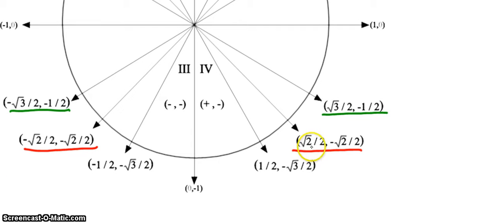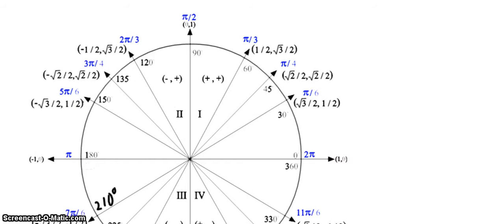These are the same as the other 45 degree reference angles, or pi fourth radian reference angles, except here the x and y are negative, here the x is positive, the y is negative, and then the 60 degree or pi third reference angles are the same as well. And then down at this coordinate point here, this is the point 0, negative 1.